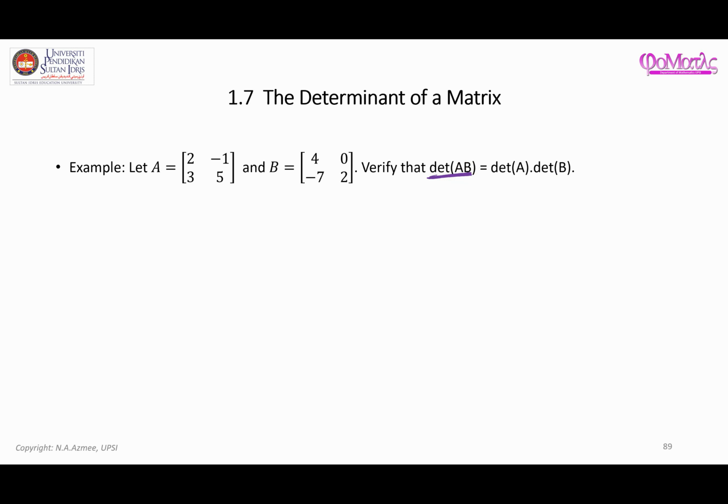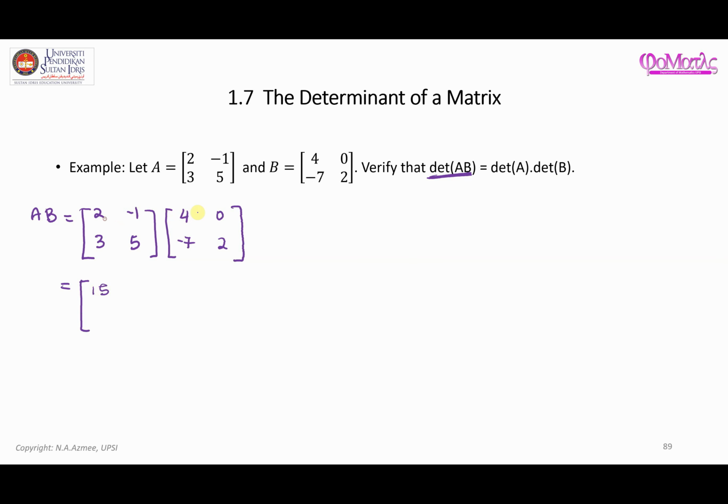Here we have A times B, where A is 2, -1, 3, and 5, and B is 4, 0, -7, and 2. The result of this multiplication is, well, 2 times 4 is 8, plus 7, so this is 15.